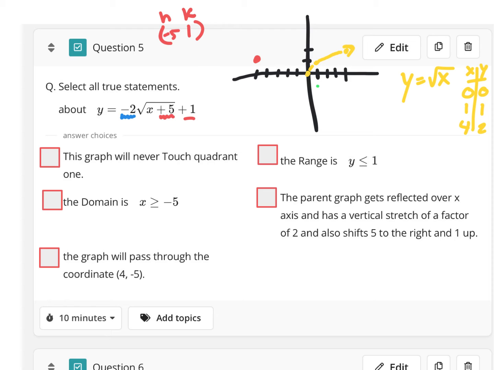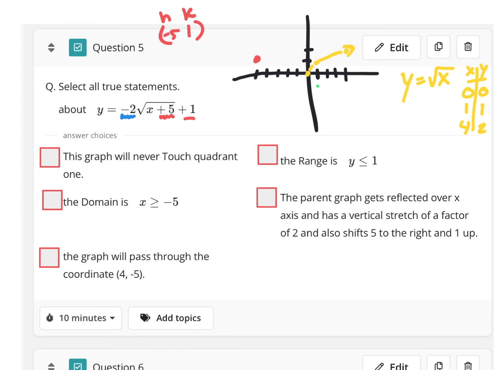But the a value on the parent graph is 1. So that's why the square root of 1 is 1. But when you think about it getting vertically stretched, if you put a 2 right here, the square root of 1 is 1, but times 2 would make it 2. So it would be up 2 over 1. That would be a vertical stretch of 2.